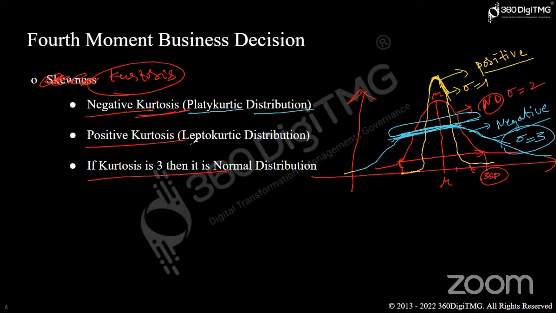And positive is leptokurtic. Leptokurtic is a sharp peak, thin bulge. So when you have thin, it is positive. When you have thicker and flat, then it is negative. So this gives you an idea about whether the data is normally distributed or not.